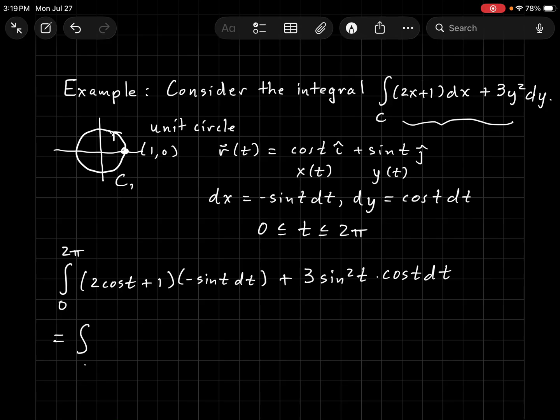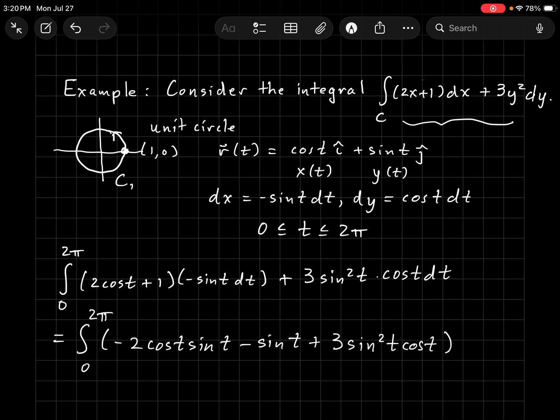Let's rewrite this before we integrate. Integral from 0 to 2 pi of negative 2 cosine t sine t minus sine t plus 3 sine squared t cosine t dt.